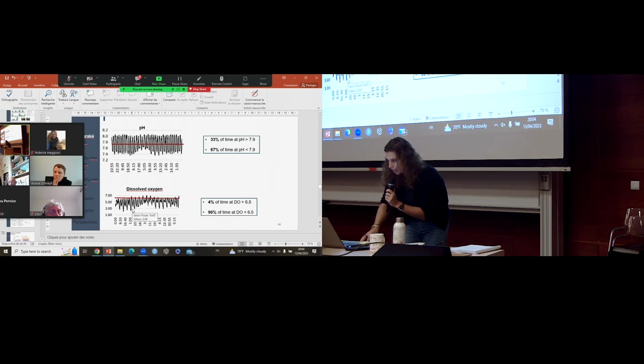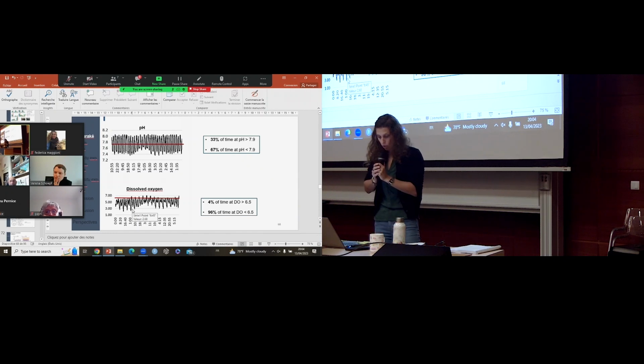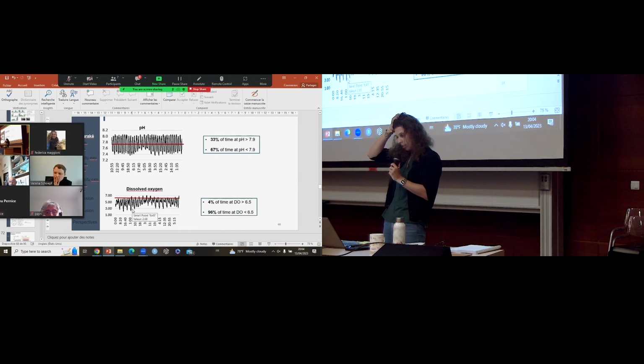That is the quantity of oxygen that we can find in a control site. So for the oxygen, and also for pH, in this case we have a really extreme environmental condition, and we also reach hypoxia, like 1.9 milligram of oxygen. So clearly, organisms have developed some strategies to cope with this lower oxygen concentration.